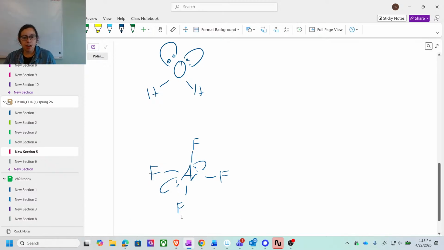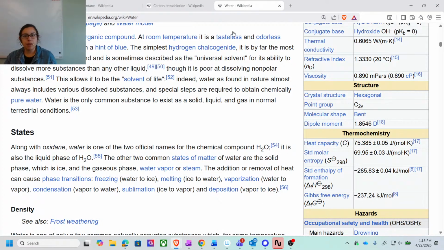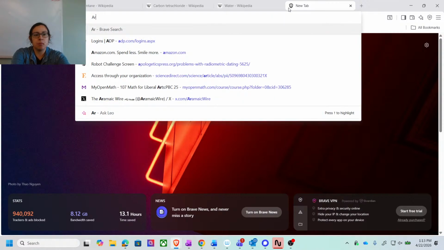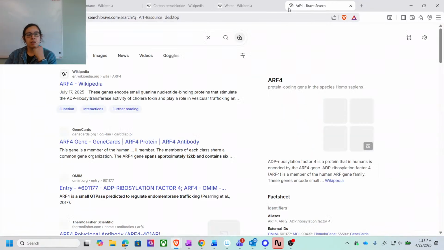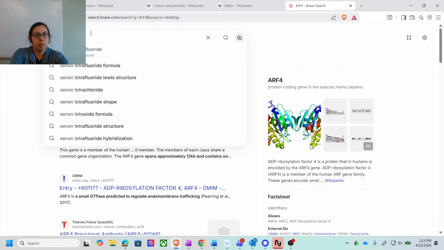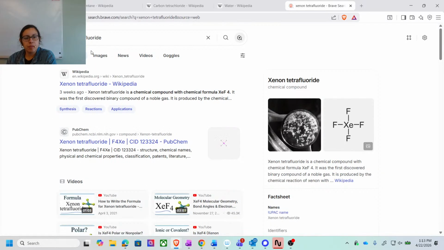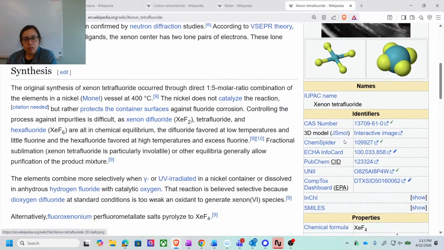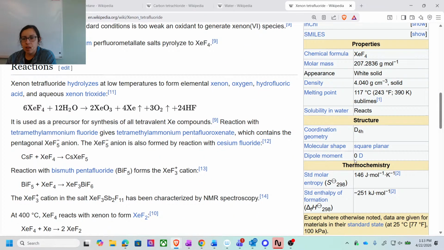Let's see, because you got me curious what its actual measured dipole moment is. Oh, xenon. I should have looked at xenon. I would expect it to be pretty polar, but yeah, it actually has a dipole moment of 0 because, like I said, probably those lone pairs are canceling.